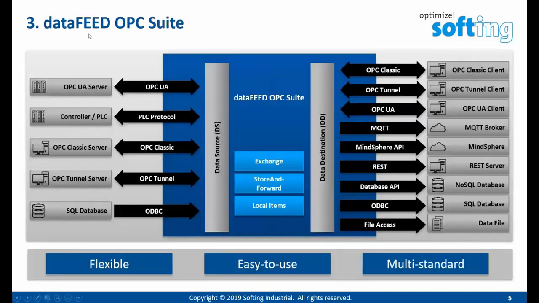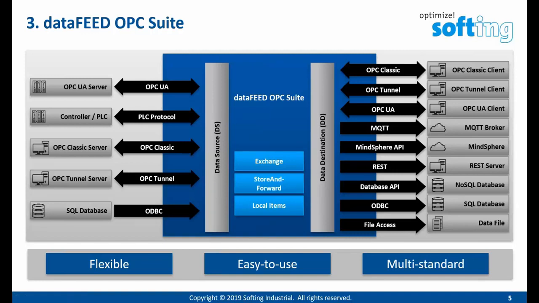A few words about the dataFEED OPC suite. It is a software from Softing, which you can install on your PC or on your server. And how it works is easily explained by looking at this picture. On the left-hand side you can see different data sources.